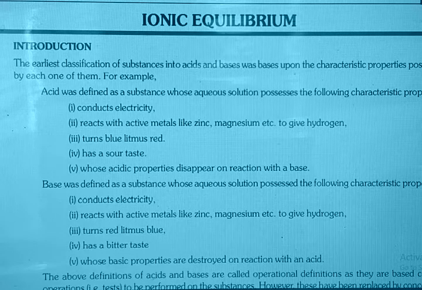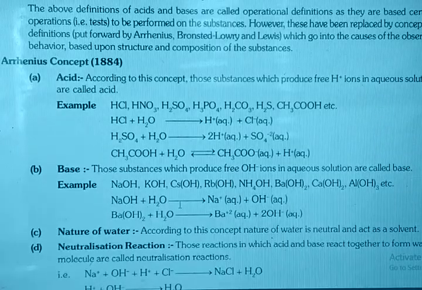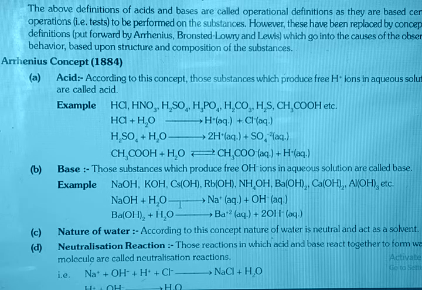By this type of properties or classification, you can classify that this substance is acidic or this substance is basic. These definitions of acids and bases are called operational definitions, as they are based on certain properties or certain operations or certain tests to be performed on the substances. Whatever characteristics we have read can be performed experimentally.